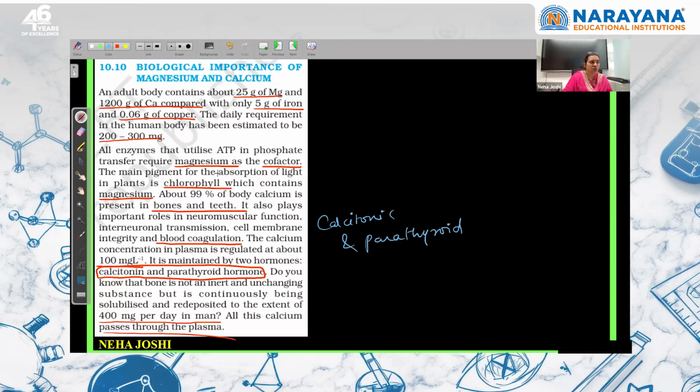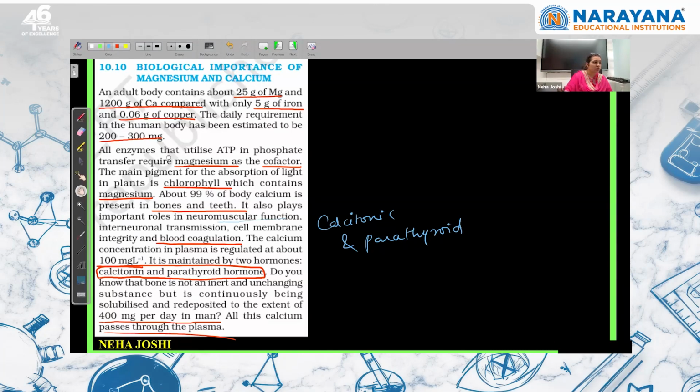Magnesium is used in our body along with ATP, adenosine triphosphate, as a cofactor. It is there in chlorophyll. 99% of body calcium is present in bones and teeth. It is also important for neuromuscular function.